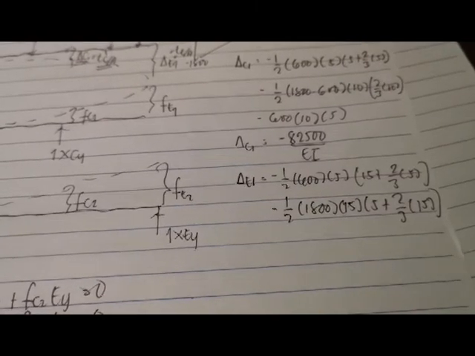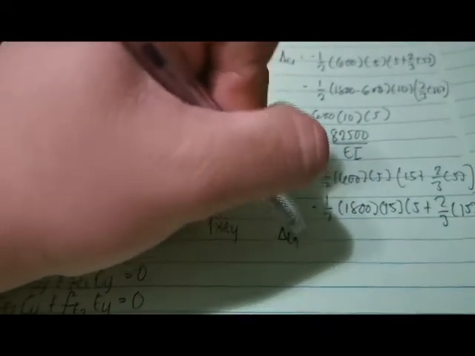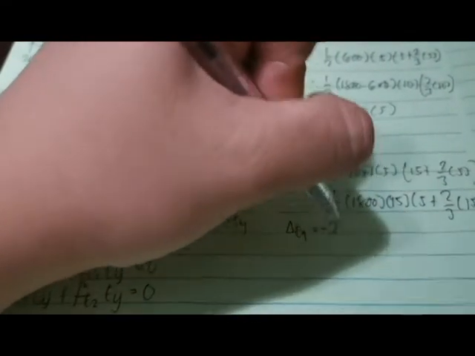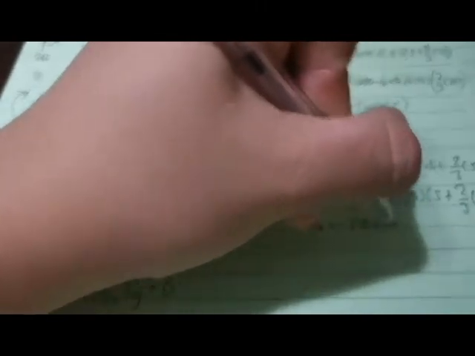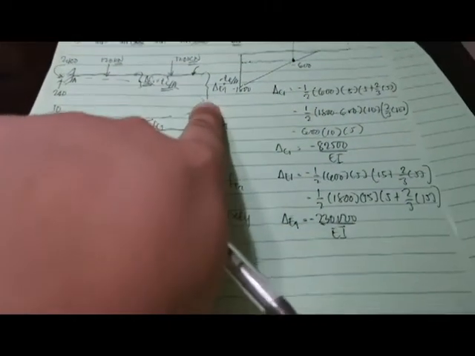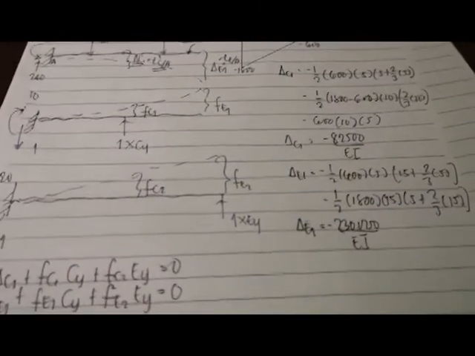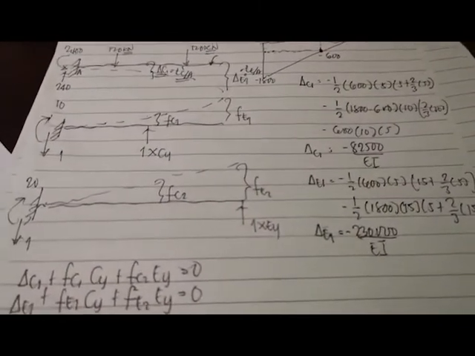No, this is delta E1 now, equal to negative 230,000 over EI. Again, negative because your tangent is above the tangential deviation. Okay, no?